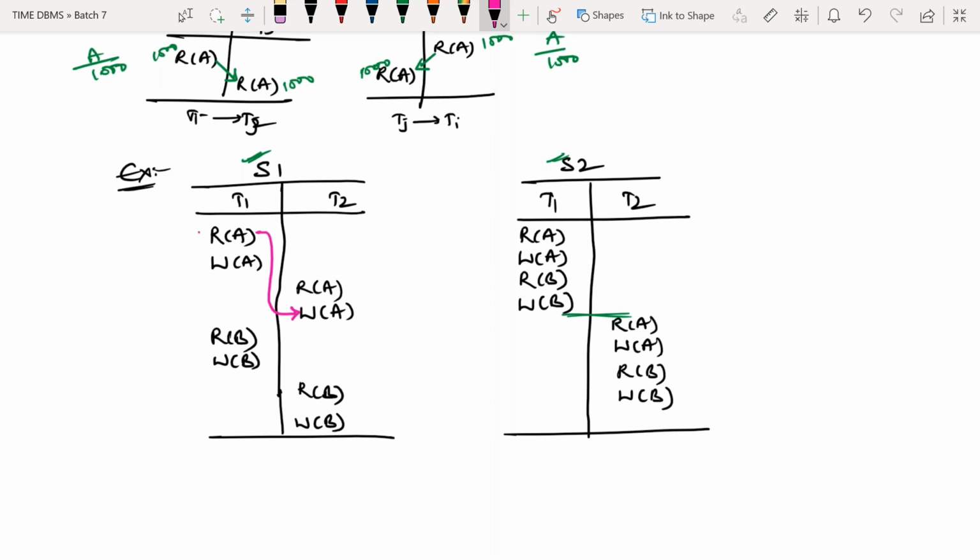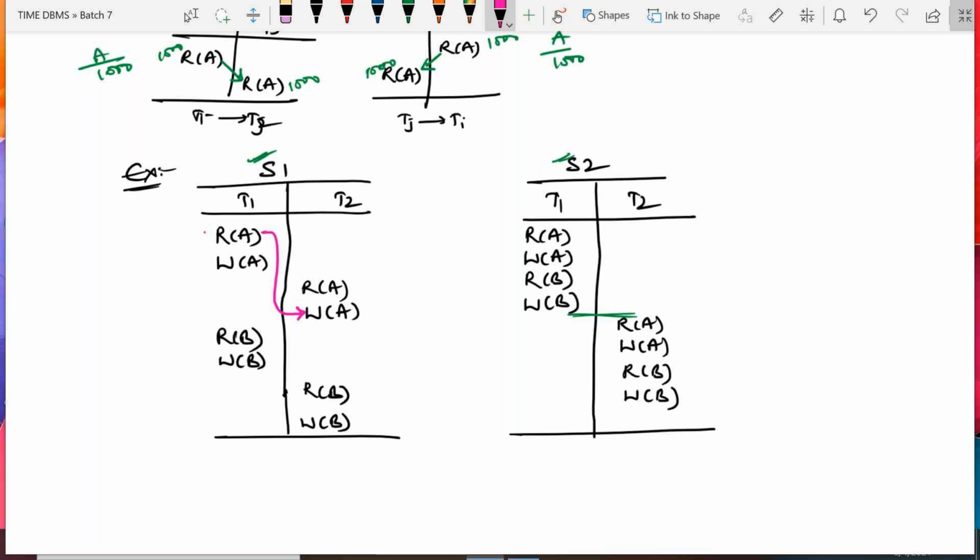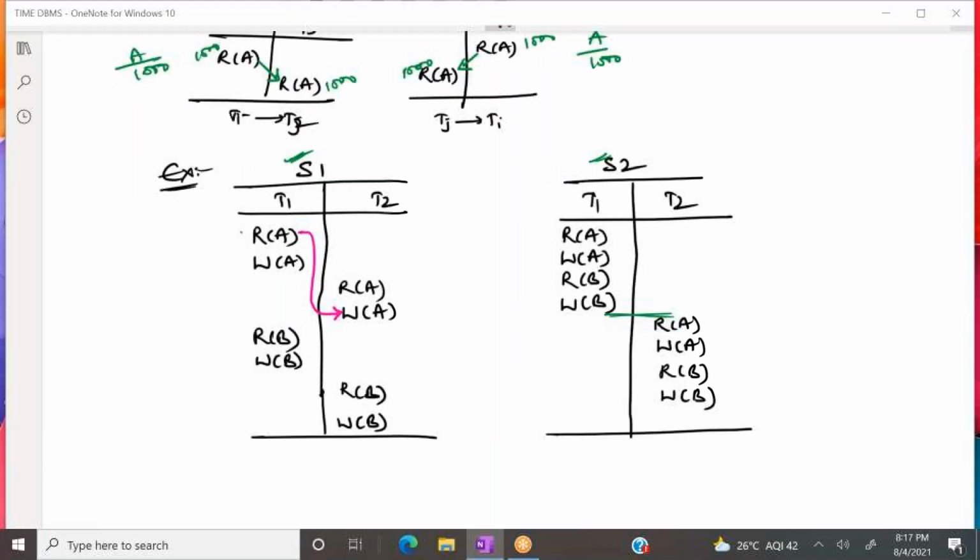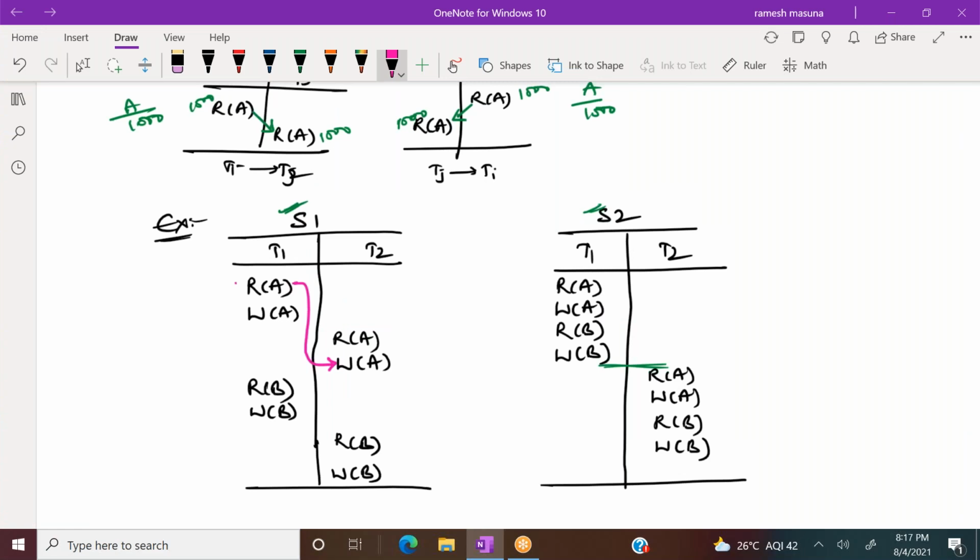Can anyone tell me if read A and write B is a conflict? No conflict. Why? Because these are operations on different data items. Conflict is possible with respect to operations on the same data, but not different data. So read B, write B is not a conflict.